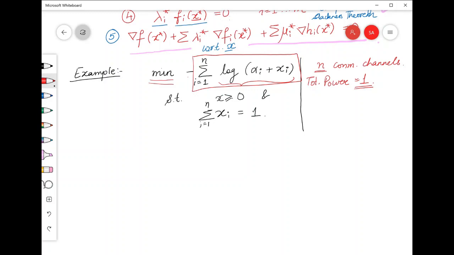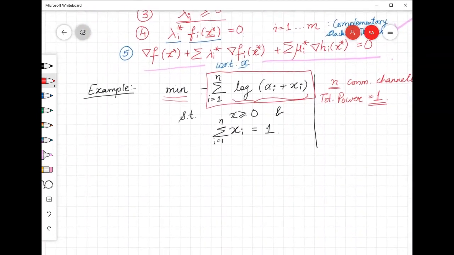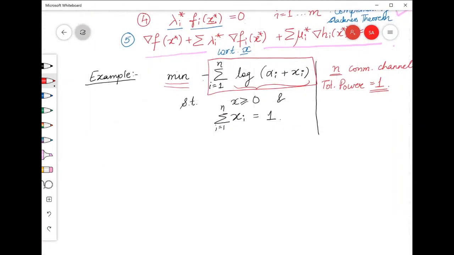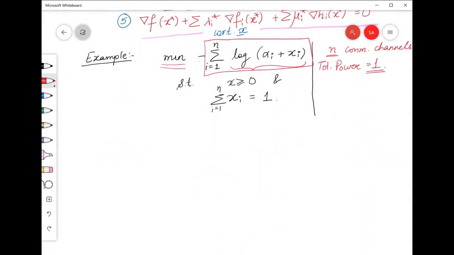Now how am I going to solve this problem? I'm going to write the KKT conditions here. So the first KKT condition will be what? Before proceeding to that part, let me first check whether this is a convex optimization problem or not. The first step in solving such a problem is to check whether it is a convex optimization problem or not.